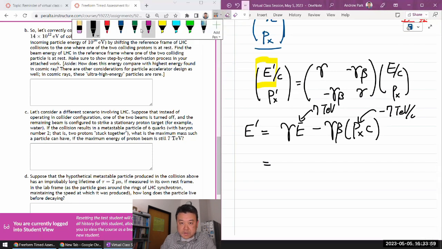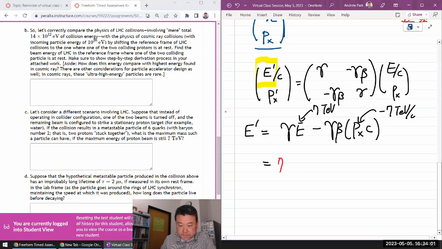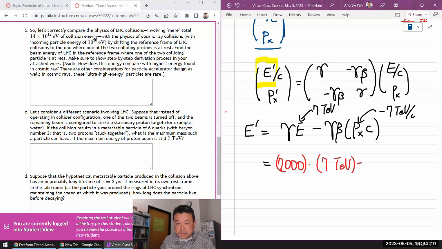The gamma from previous was 7,000 times 7 TeV. That will already make the numbers large. And then my gamma here is still 7,000, and beta is more or less 1 because it's more or less the speed of light. Then this will be minus 7 TeV per c times c.